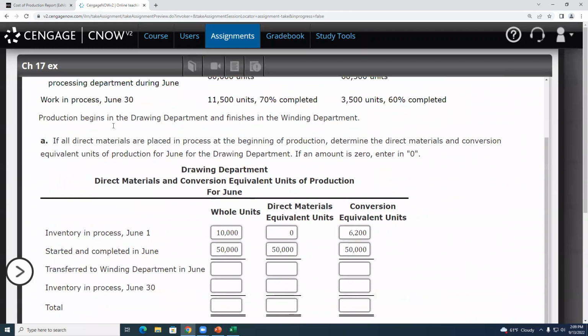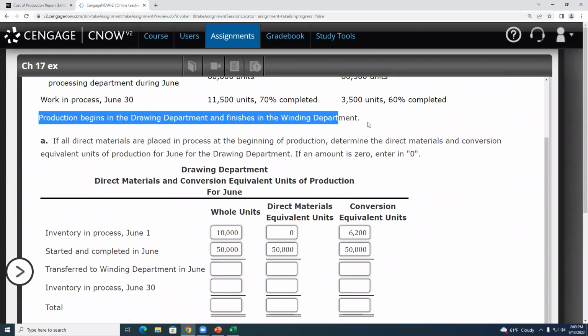So we are told here, I hadn't read this yet out loud, that production begins in the drawing department and finishes in the winding department. Most companies that use a process cost system, did I just say production cost? I meant process cost if I said production.